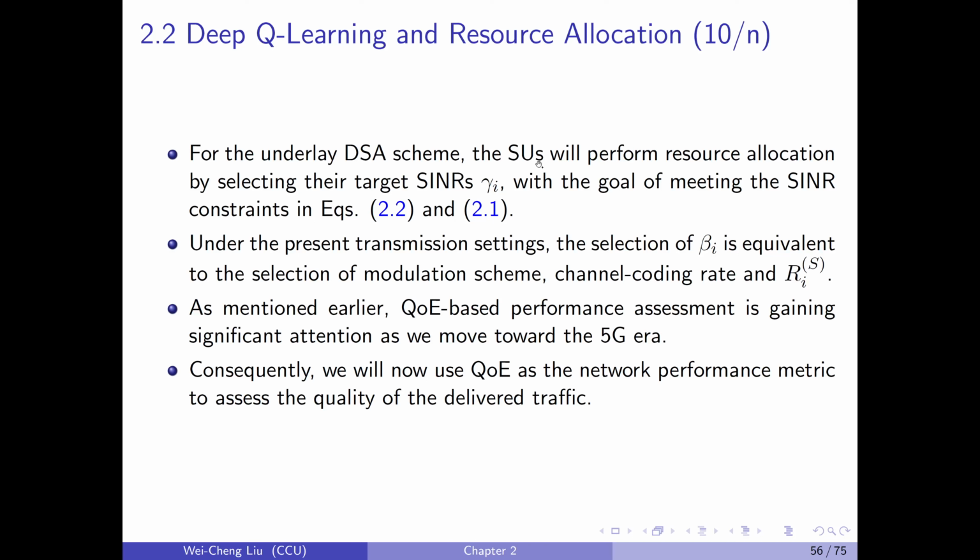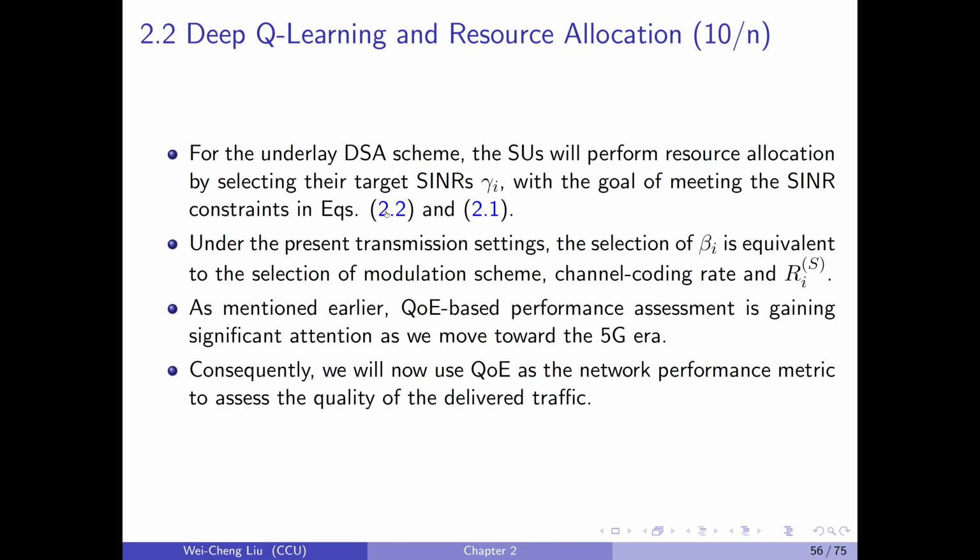The SUs, okay, SU means the secondary user, will perform resource allocation by selecting their target SINRs, gamma I. Okay, SINR means signal to interference plus noise ratio, with the goal of meeting the SINR constraints in equations 2.2 and 2.1.